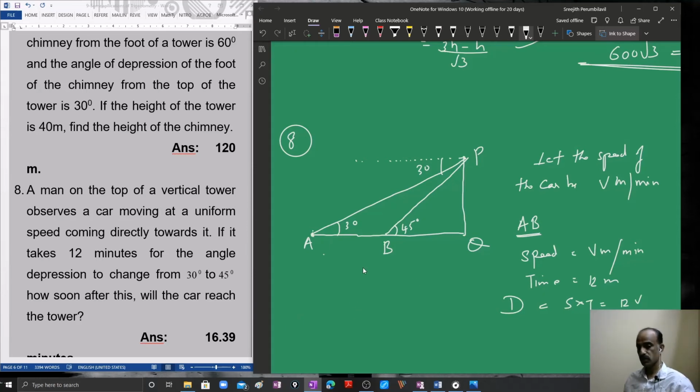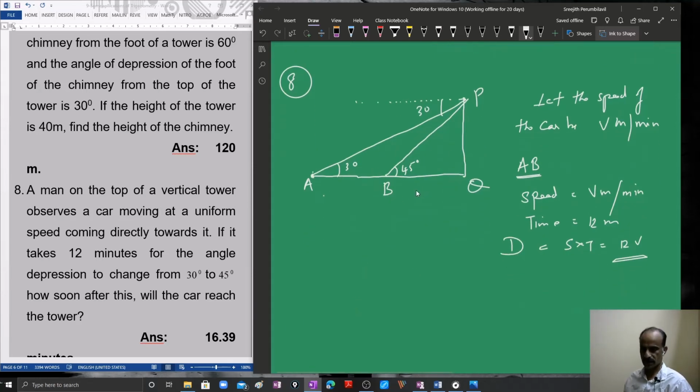Now, we have been asked to find the time taken from B to Q. So let the time taken be t minutes, everything in minutes. In the earlier question we did everything in seconds because it was given in seconds. It's the same repetition, but the only difference is this. As far as BQ is concerned, the speed is the same uniform speed V, and the time is t minutes.